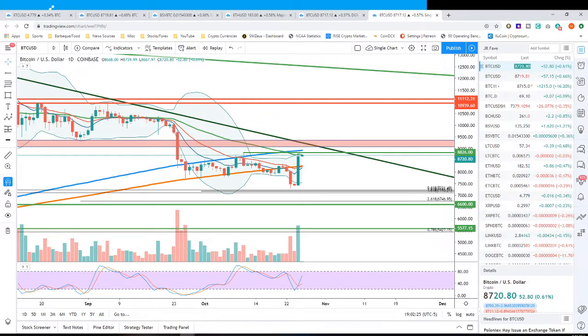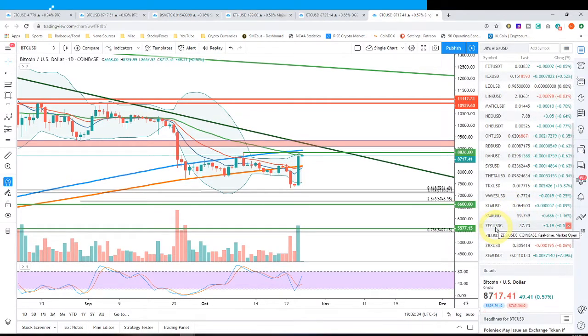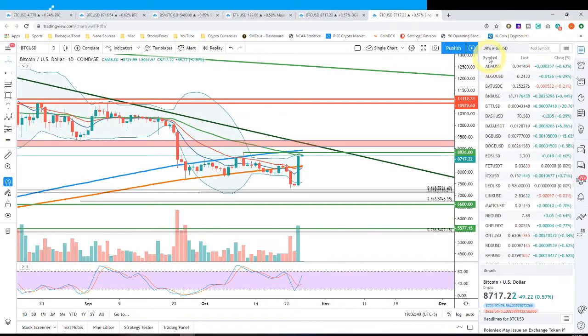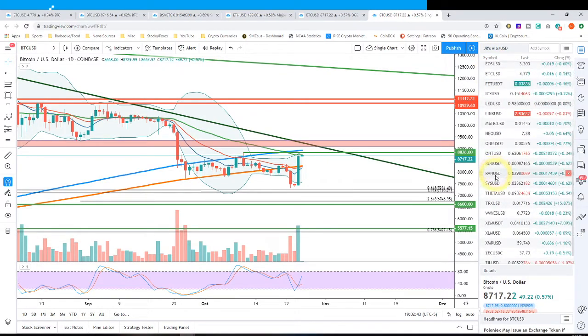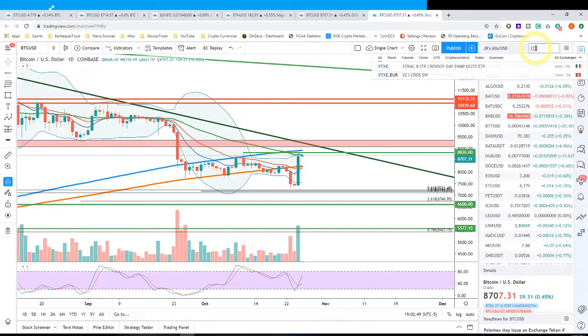Let's see. XTZ. What is that one? I don't know if I had that one or not. XTZ. Did I have that? No, I sure didn't. All right. Let me do this. There we go. XTZ, and on XTZ, you want the USD.